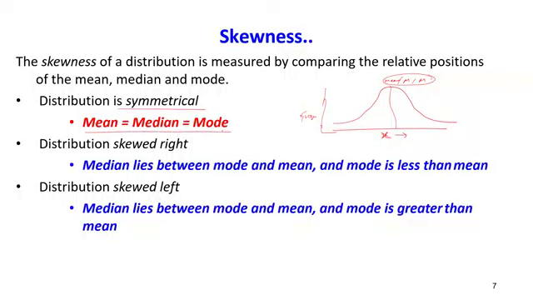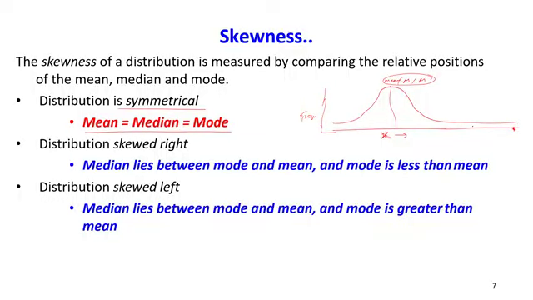But now, if your distribution is skewed, what does that mean? If you get some extreme values on the right hand side, your tail will get longer. So if you have extreme values till here, your tail will get longer. In this case, the data would look positively skewed.